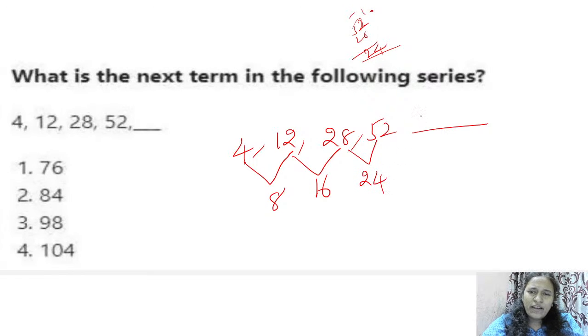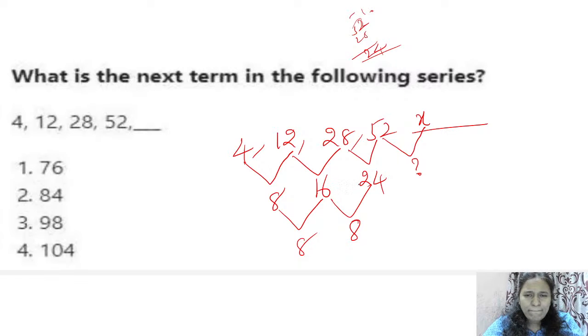Now here x, we don't know the difference between these two. Okay, now we will see what is the difference between 8 and 16. 8. 16 and 24, again 8 only, right? What is the difference between these two?